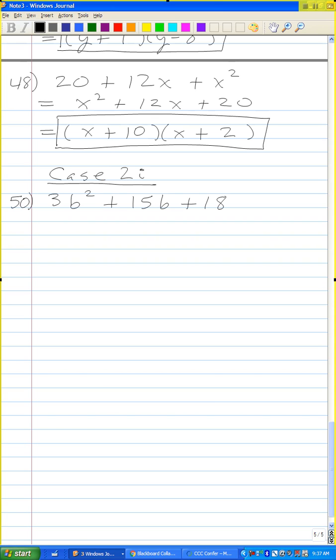If I look here, I have a 3 in common everywhere. So 3b squared divided by 3 is b squared. 15b divided by 3 is 5b. 18 divided by 3 is 6. So the first step is to always check if it's possible to factor out a greatest common factor, just like what we did in the previous section, section 6.1.